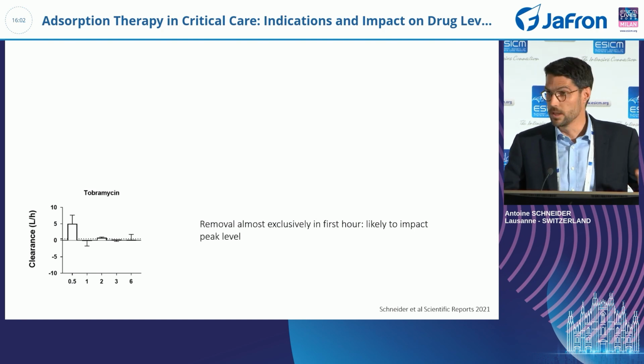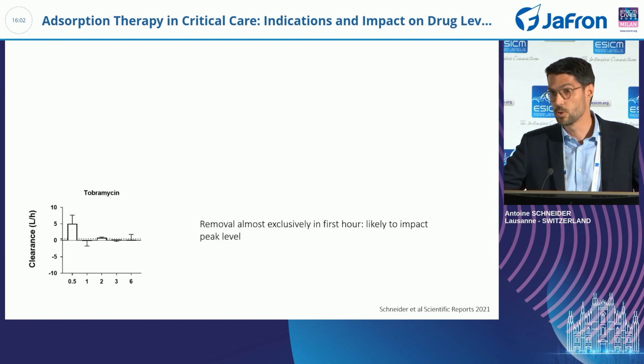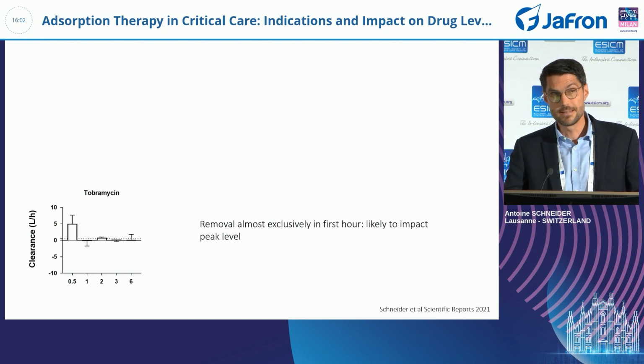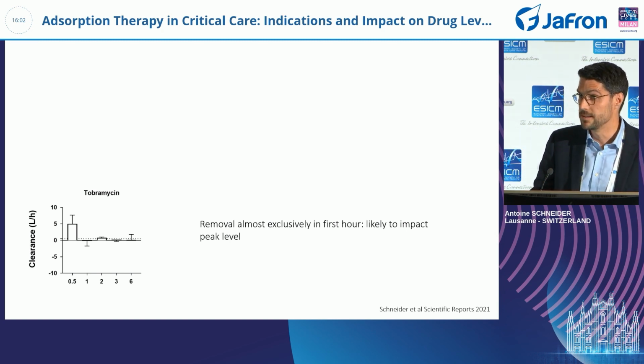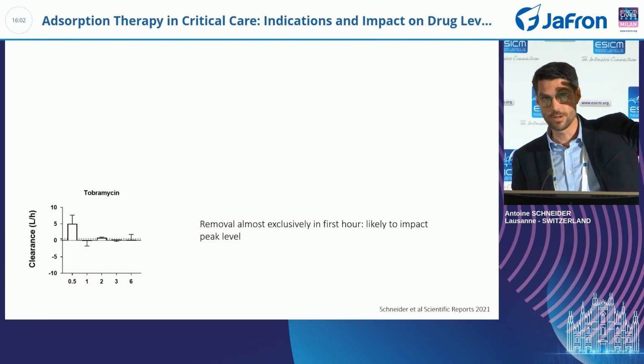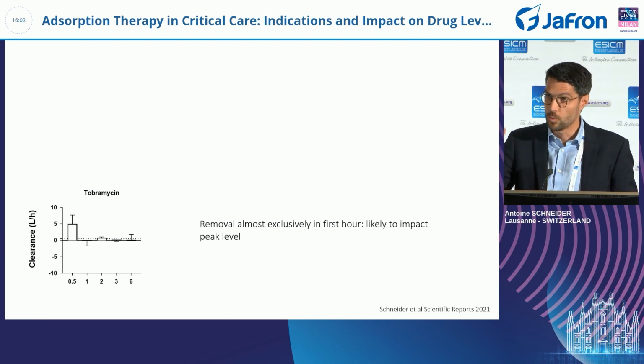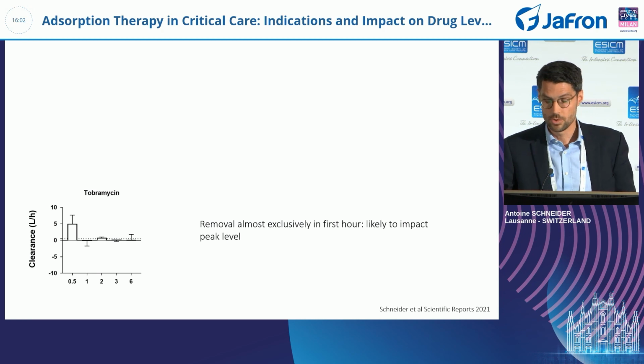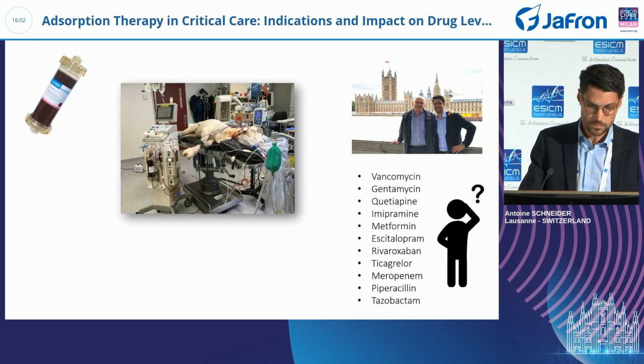So essentially, you give tobramycin, you can do hemoadsorption, you remove the drug, and this could be an indication somehow, because with tobramycin we want a high peak effect to have the killing effect, and then you want to minimize the residual dose to avoid the toxicity.